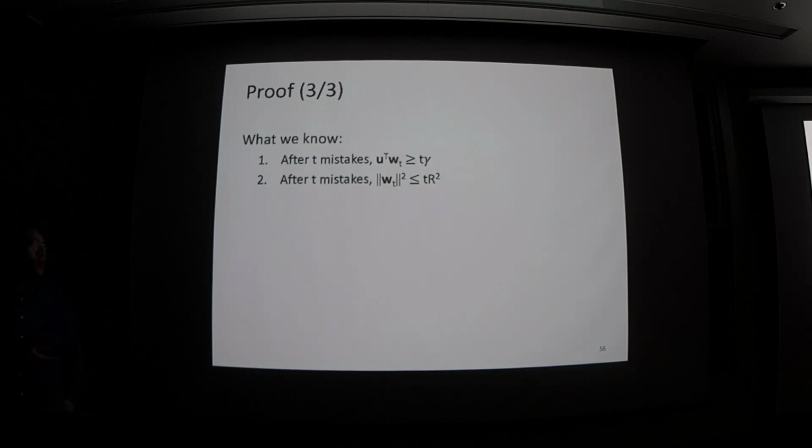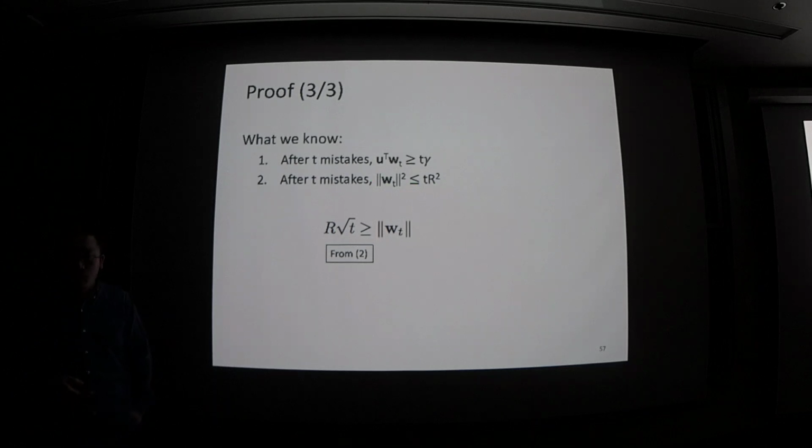And also after t mistakes, the squared norm of the current vector is upper bounded by t times big R squared. So the final step is to connect them together. If we can do that, we might solve for the upper bound of t. Remember, t is the number of mistakes. So how can we do that?